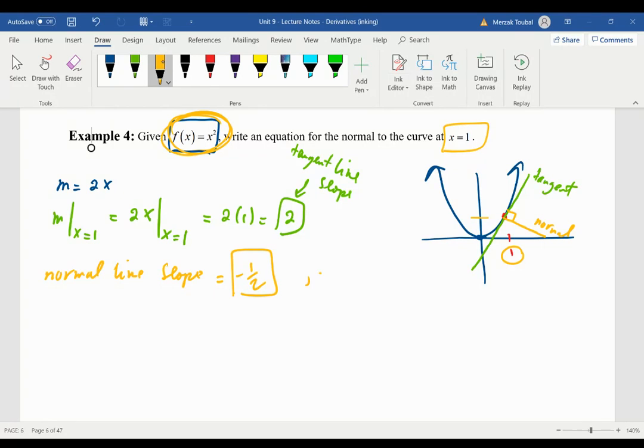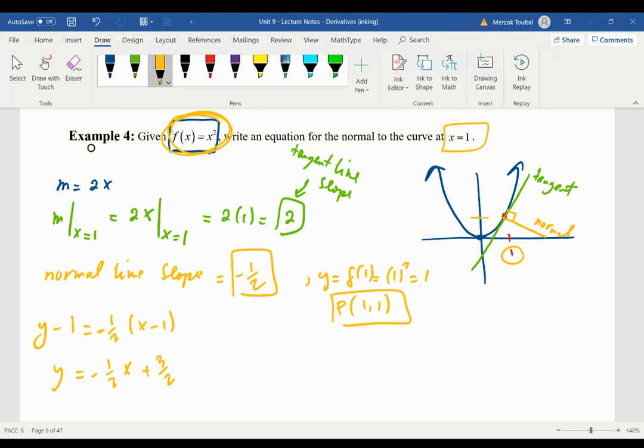So y equals f of 1, which is 1 squared, which is 1. So the point P will be (1, 1). Now you have the slope and the point, so the equation will be y minus 1 equals negative 1/2 times x minus 1. If you simplify, it's going to be negative 1/2 x plus, I believe, 3/2. And this is the equation of the normal line.